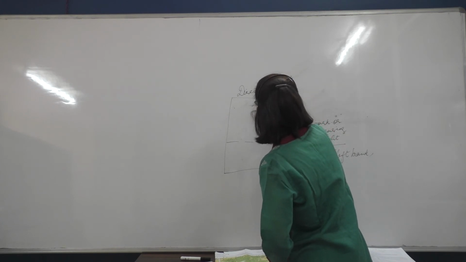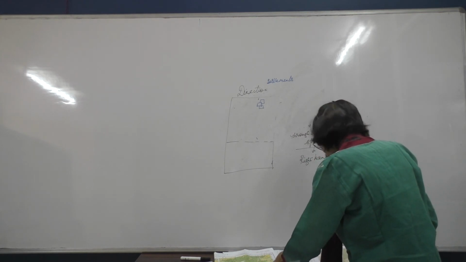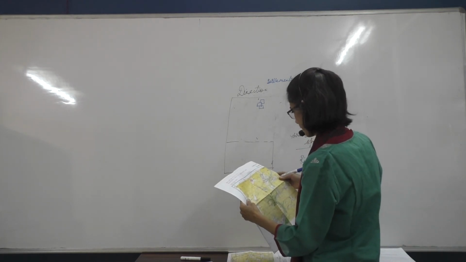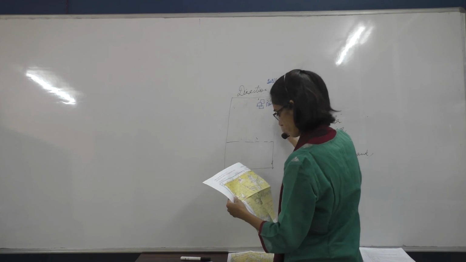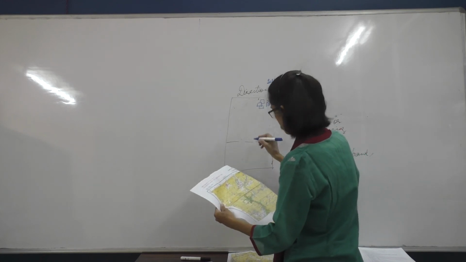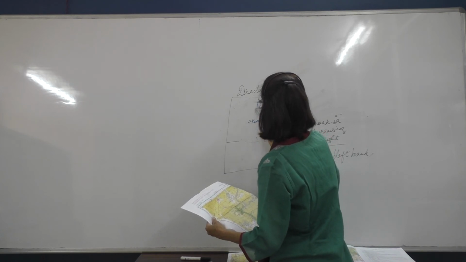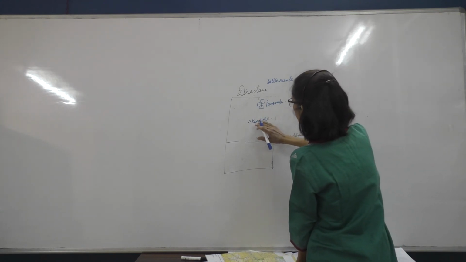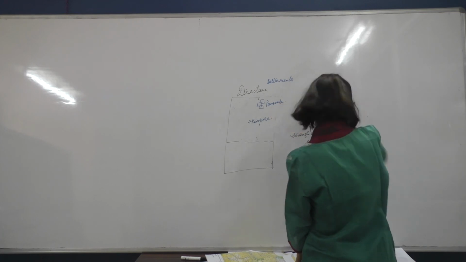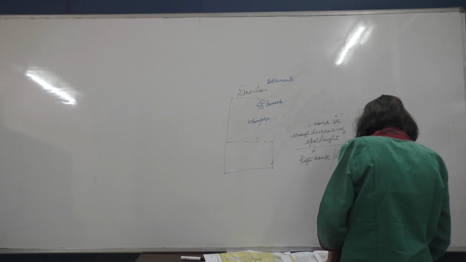If there is a settlement here, and the settlement is named Panwala, and here it is Rampura. So the question says: state the direction of Rampura from Panwala, or we write it in another way.